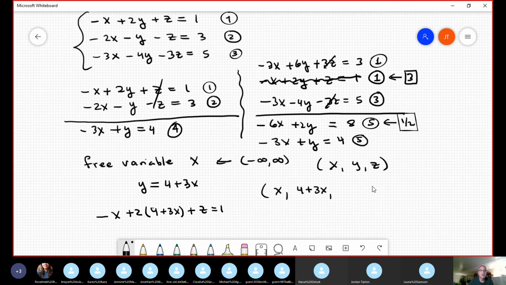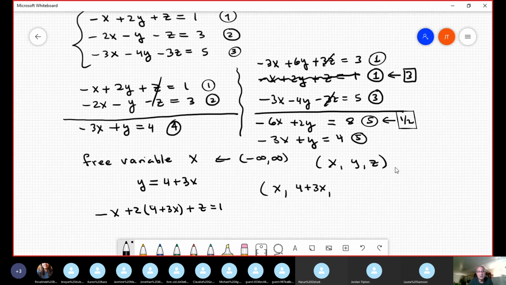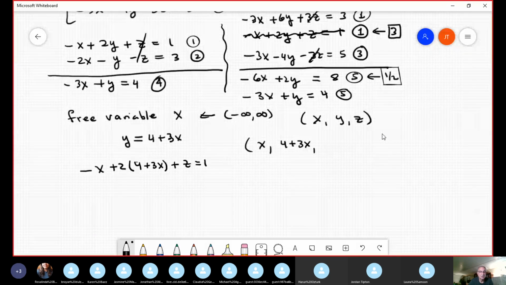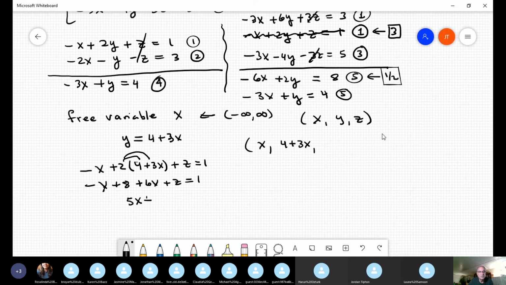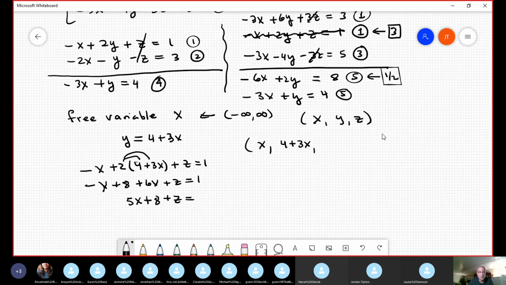So at this moment, I have one equation that states the relationship between z and x. The rest is just baby algebra. You apply the distributive property: minus x plus 8 plus 6x plus z equal 1, and you solve for z. Minus x plus 6x is 5x, so 5x plus 8 plus z equal 1.